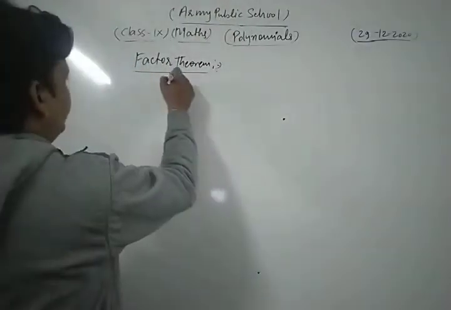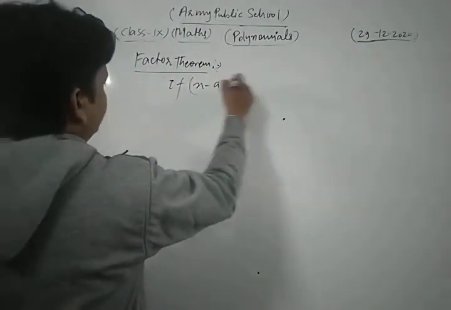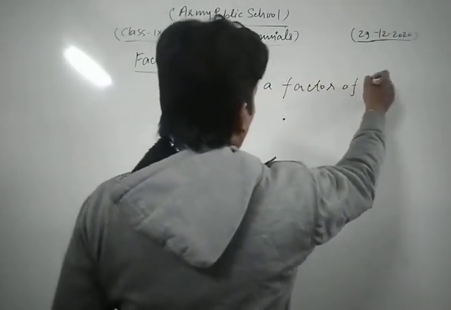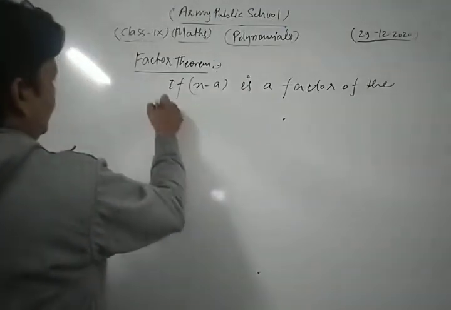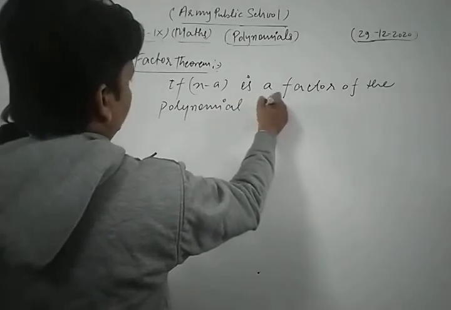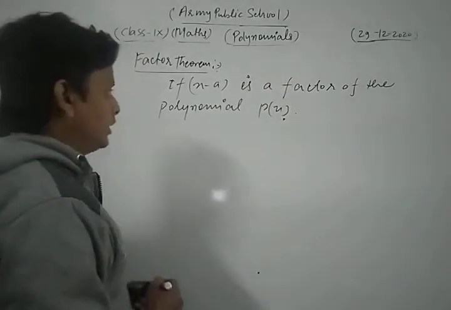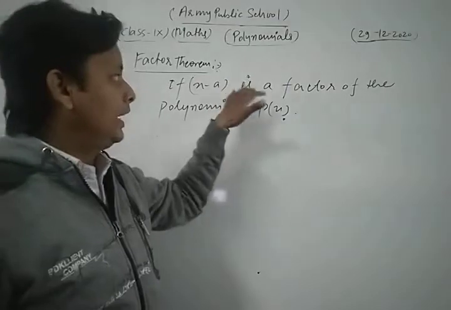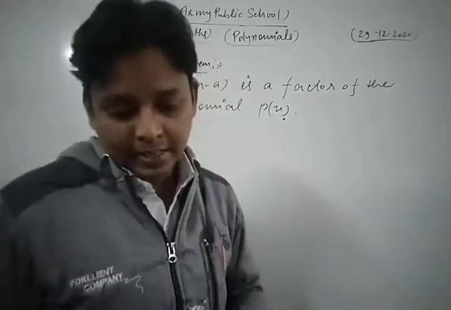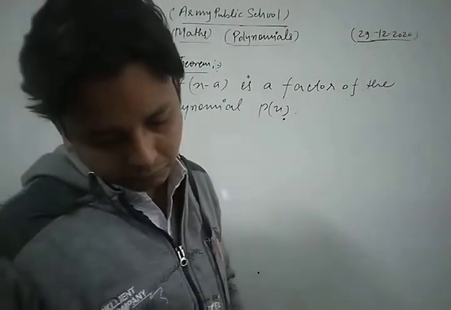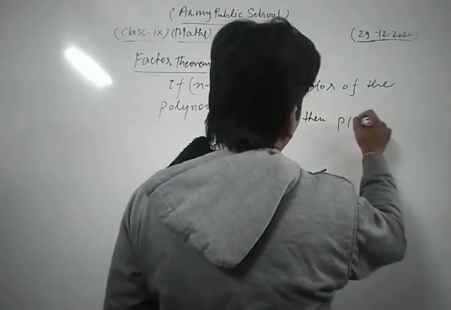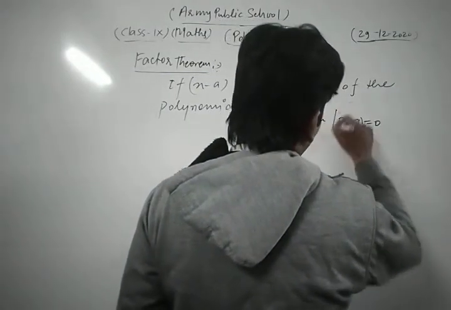Dear friends, if x minus a is a factor of the polynomial p of x, then p of a must be equal to 0.